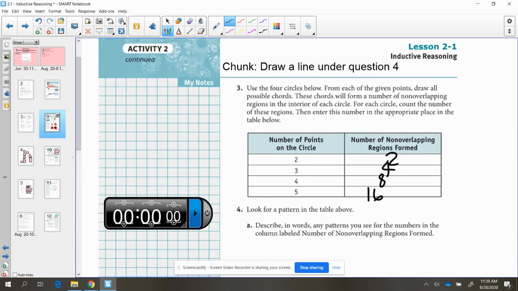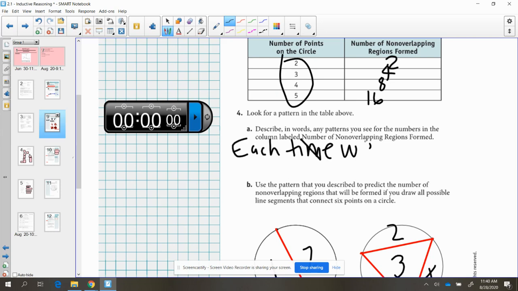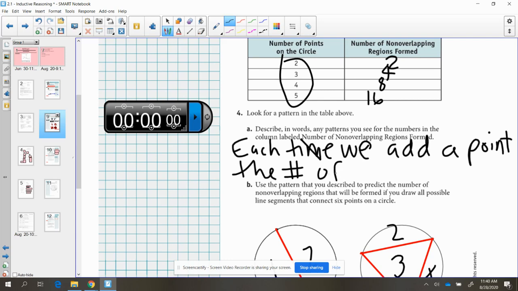So as we look at this right now, what we could deduce here is that each time a point is added, each time we add a point, what we're doing is doubling the number of regions.